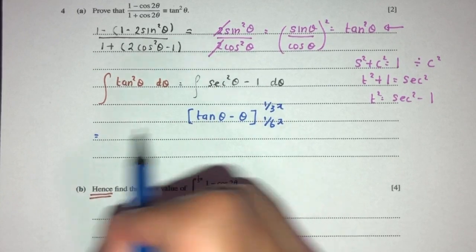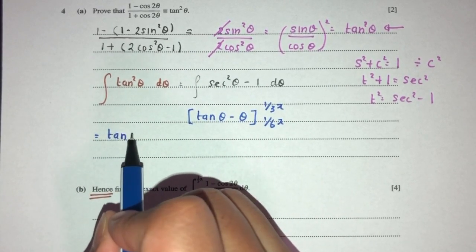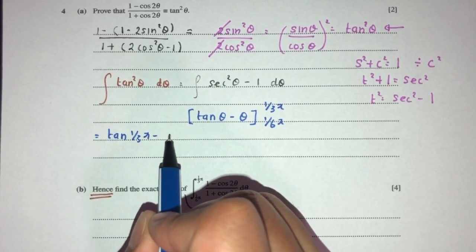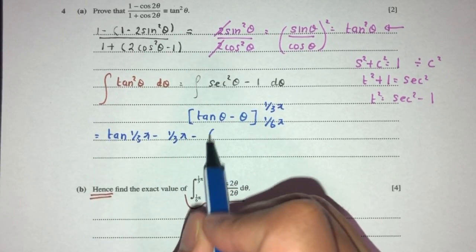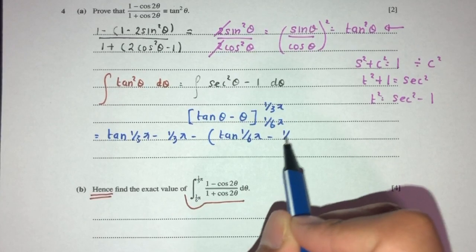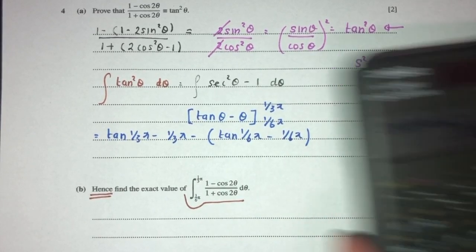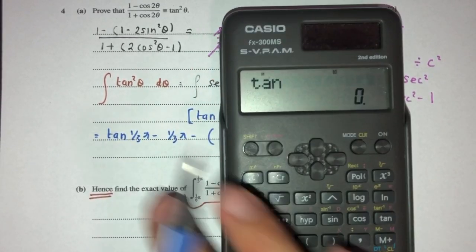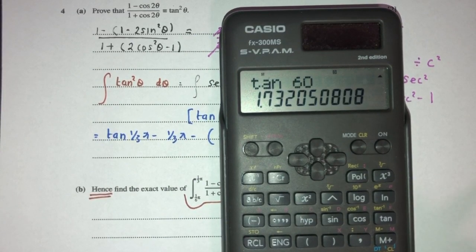Now replace tan 1 over 3 pi minus 1 over 3 pi minus tan 1 over 6 pi minus 1 over 6 pi. So what is tan of, this is the angle of 60. That is, what is that?